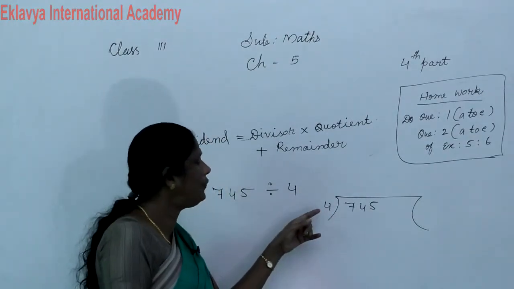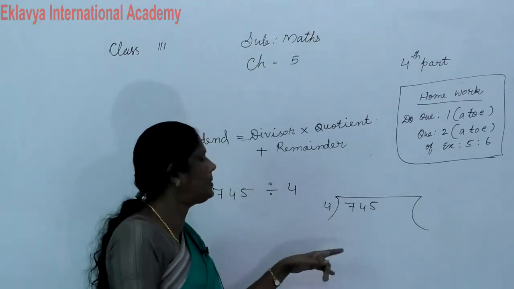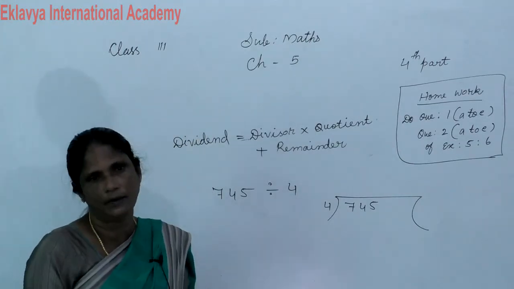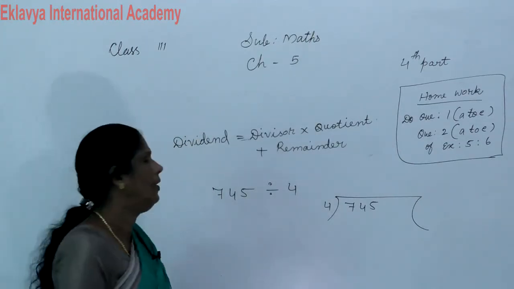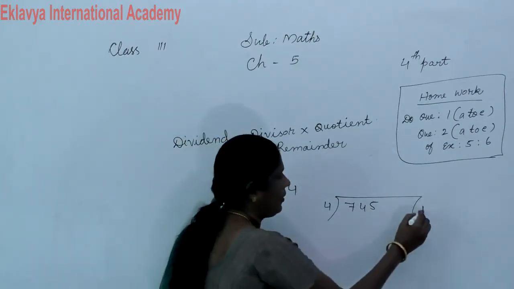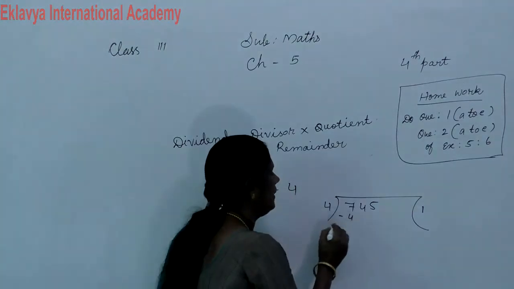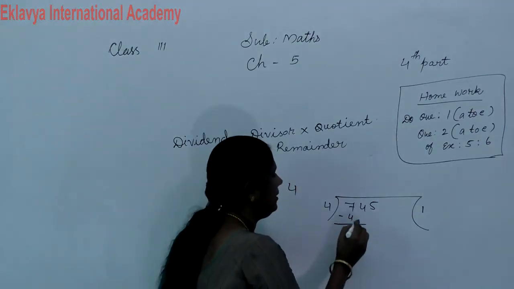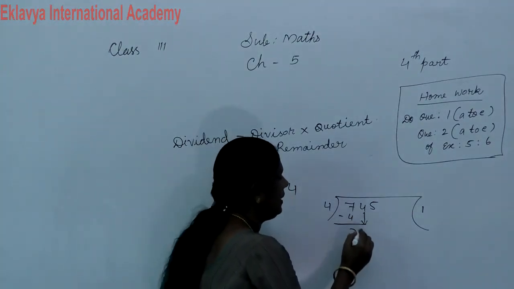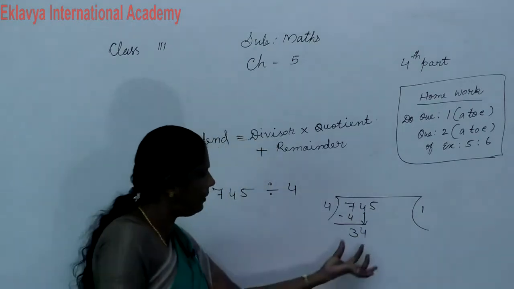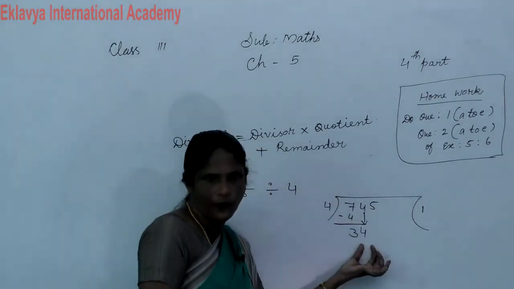The table of 4, how many times go in 7? 1 time. 4, then subtract, 3. Then this 4 comes down. Now our number is 34.